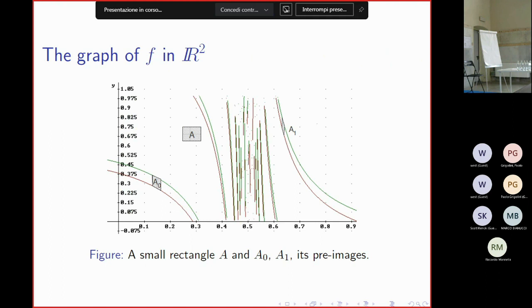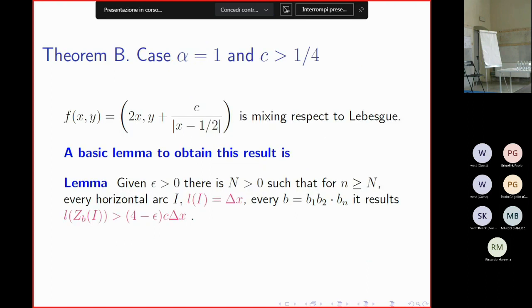This is the graphic of F in R2. And just one comment: to prove mixing for Lebesgue, a basic lemma is to see that given a small epsilon positive, there is an integer N such that for n bigger or equal to N, every horizontal arc with length delta x and pre-image, this is the formula, you see that I have written this number in base 2. The result is that the length of the pre-image of this arc is bigger than this number here.